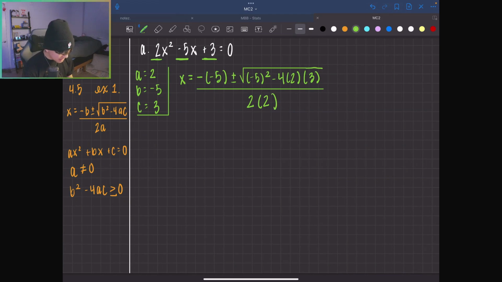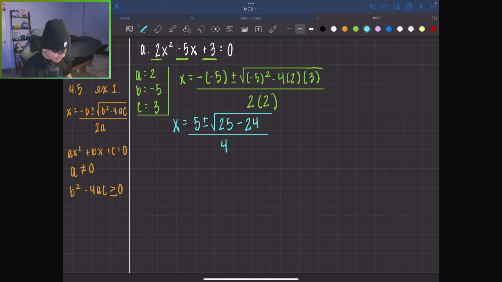So let's simplify this. I'll do it in a different color. x equals negative negative 5, which is the same thing as positive 5, plus or minus the square root of negative 5 squared, which is negative 5 times negative 5, so positive 25, minus 4 times 2 times 3. So 4 times 2 is 8, 8 times 3 is 24, so 25 minus 24, all over 2 times 2, which is 4.